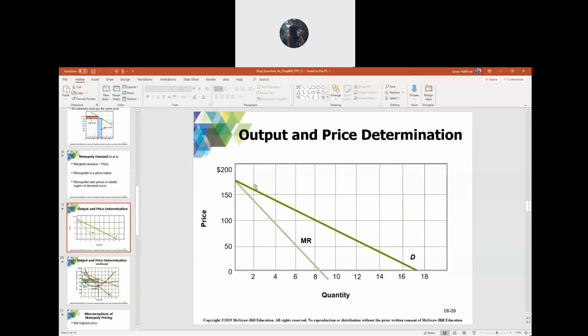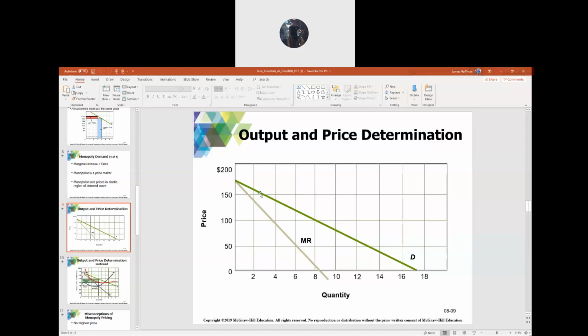Okay, so you're probably familiar with the law of demand. When the price goes down, demand goes up, and vice versa. So the monopolist is facing a normal downward sloping demand curve, and because they don't have a constant demand curve, every time they charge a lower price, they get a little less marginal revenue. If they drop the price, demand goes up, but the additional revenue from a lower price has to be lower because the price is lower, right?